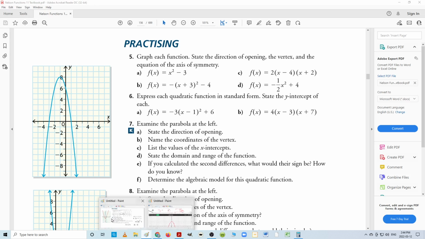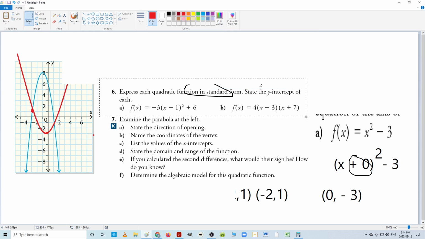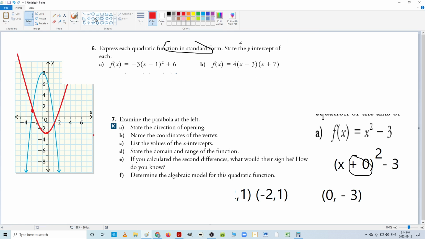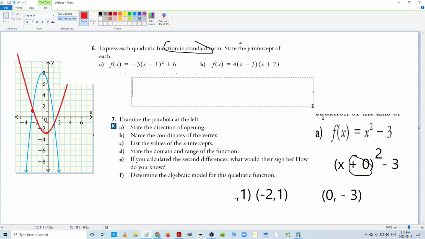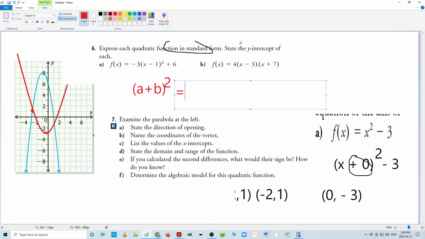Okay, going on to this. So standard form just means expand it, right? You're just going to expand it. So you're going to get used to binomial expansion. (A plus B) squared, it doesn't matter what those are, will always come out, and this is very useful to learn.